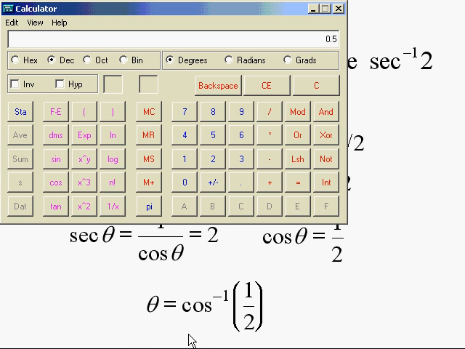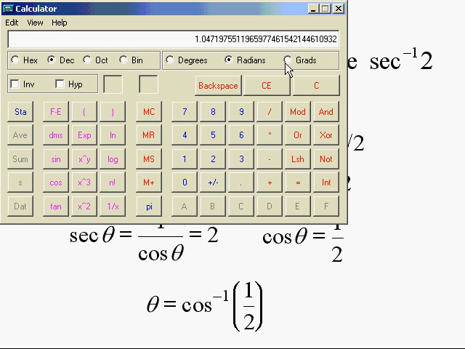Usually when you see an inverse trig function, you'll see it written in terms of radians. Let's answer it in radians. I want inverse cosine. So here inverse cosine of 1/2, and here's the value that comes out, 1.04 something.